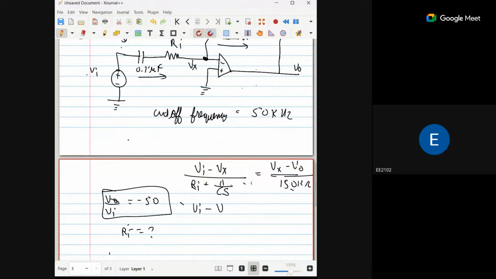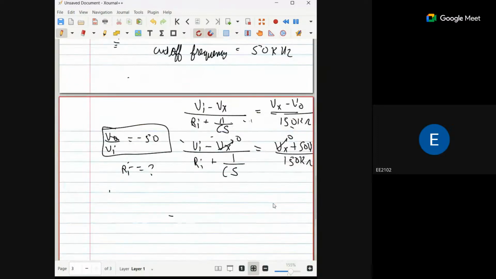Vi minus Vx upon Ri plus 1 by CS, you can put Vx equal to 0.